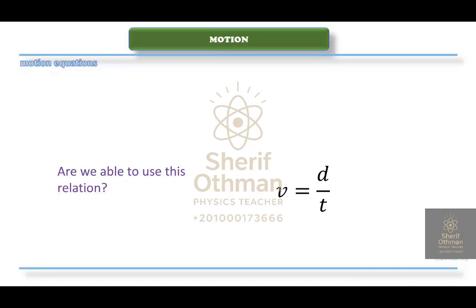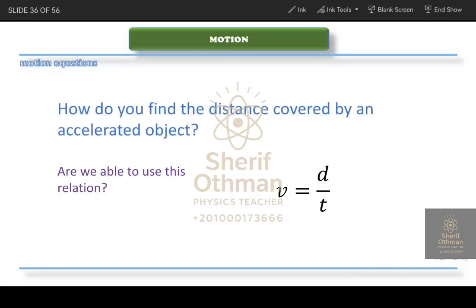So to find the displacement or distance using this rule, which value of the displacement will you get? The one covered at a lower speed or the one covered at a high speed? So you are unable to find the displacement or distance through accelerated motion using this rule.